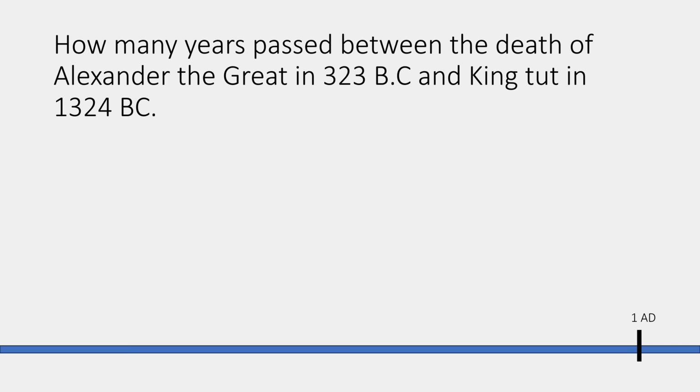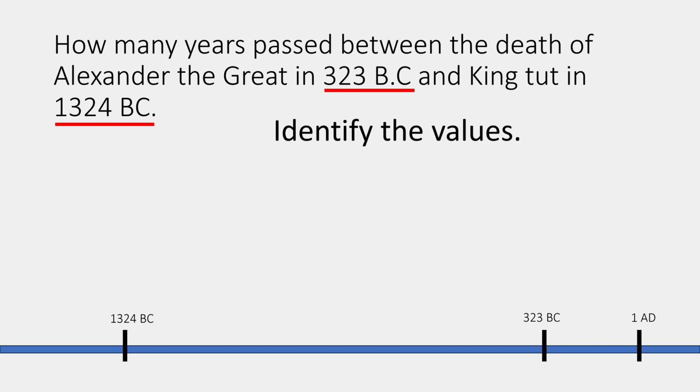Let's do one more. How many years passed between the death of Alexander the Great in 323 BC and King Tut in 1324 BC? Let's identify the values. We have 323 BC. Since it's BC, it's negative.